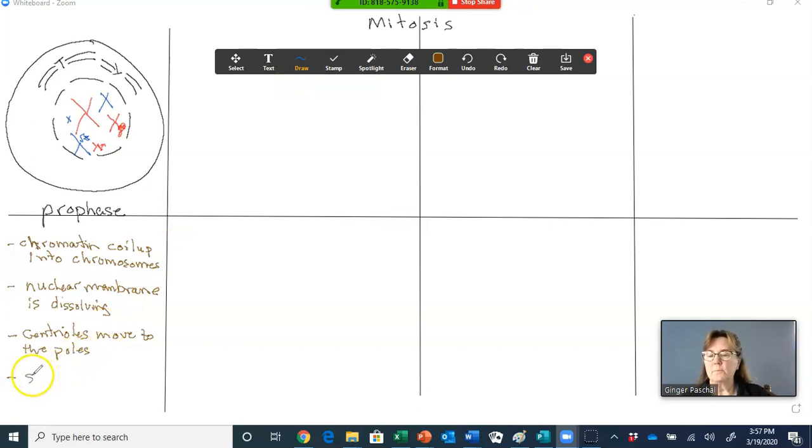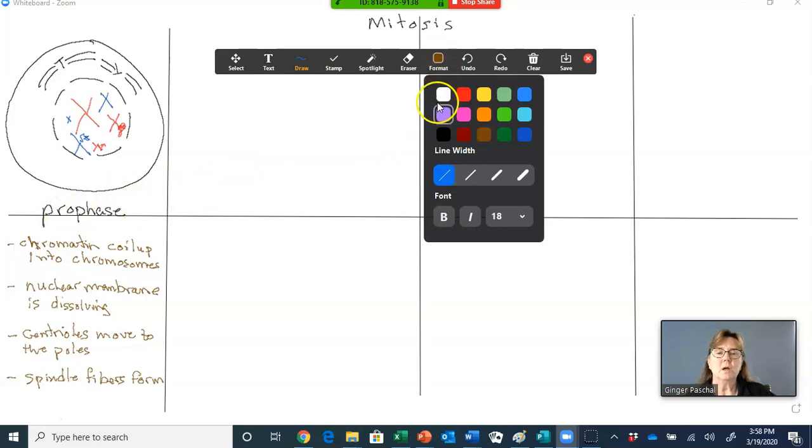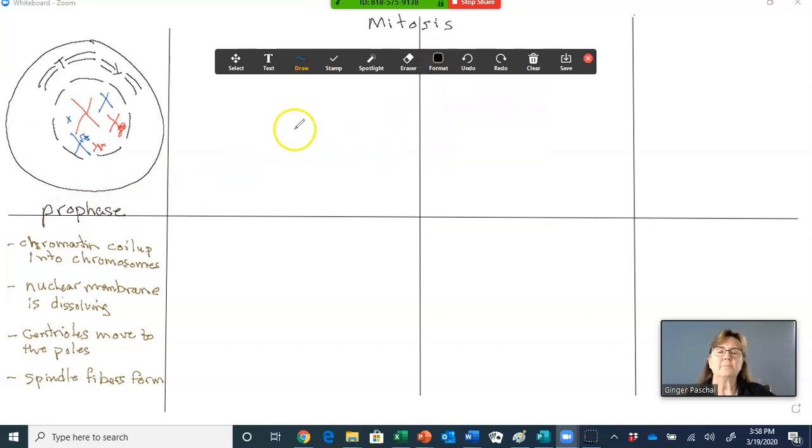Spindle fibers form. And this is prophase. Prophase has 4 events that happen. Prophase is the first phase in mitosis.